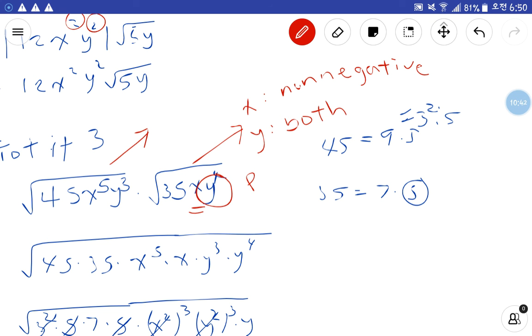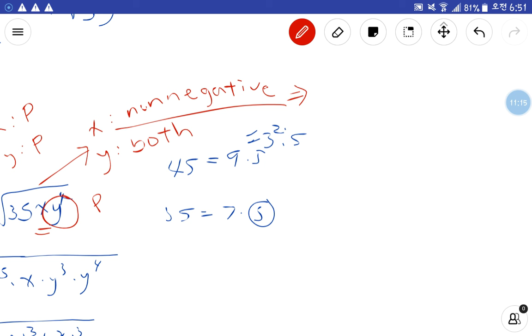Now, when you look at your left one, your x needs to be non-negative anyway because I already defined x as non-negative, right? So x, I can say this is positive, then y needs to be positive this time. Why? This one is positive and I want to make the entire 45x to the fifth power y cubed positive. And this needs to be positive as well. So from those situations, I can conclude that my x and y both are positive.